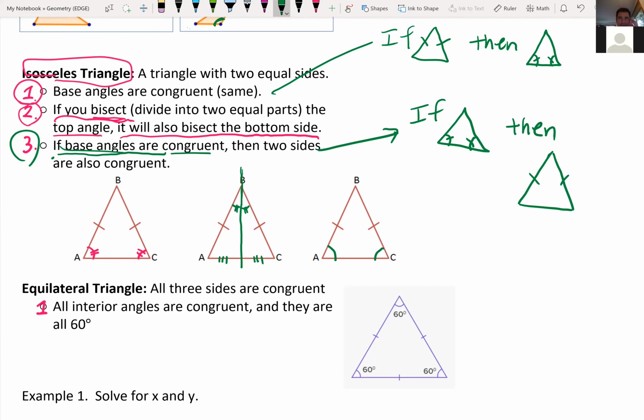Does that make sense? So the reverses are all true for an isosceles triangle, okay, in this case. Sometimes with a math rule, the reverse is not true, okay? But in this case, it is true.